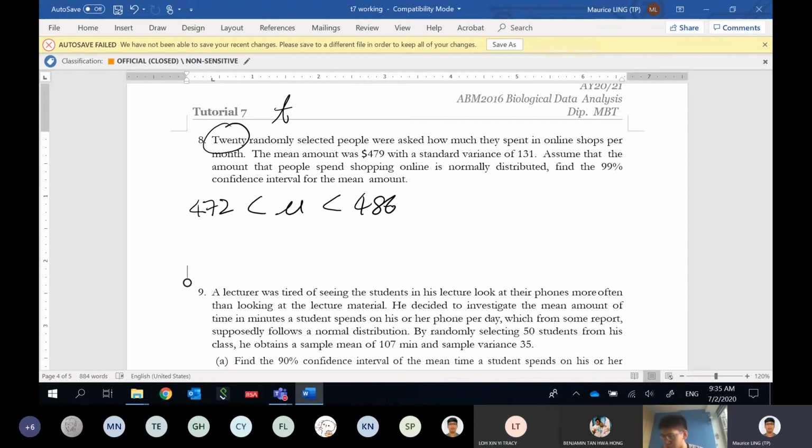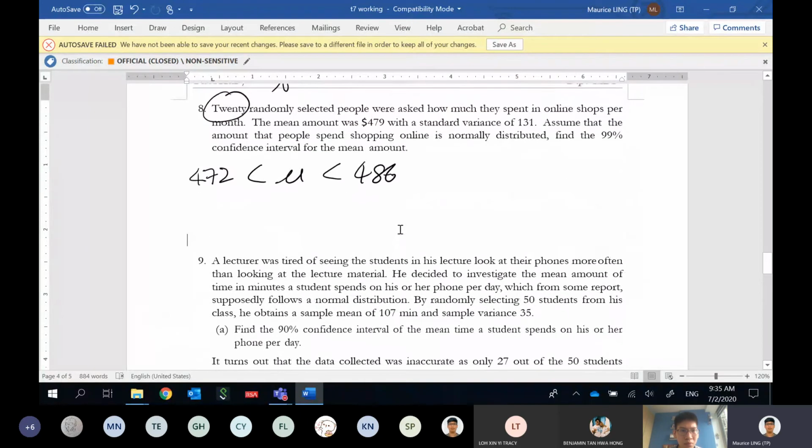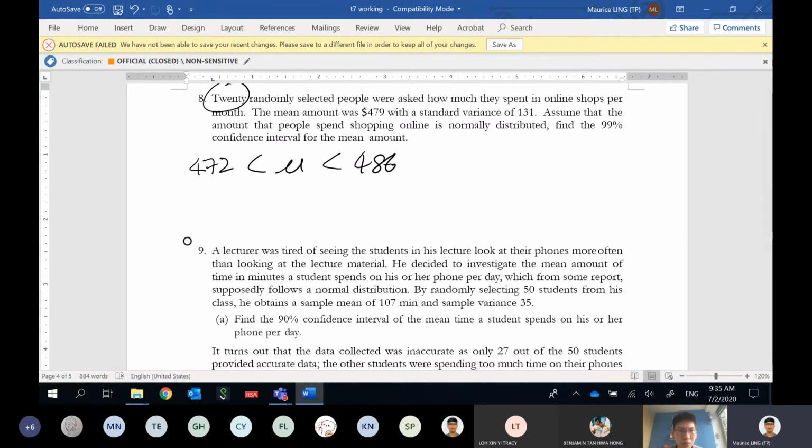So the main part is you have to know how to calculate using the variance and the standard deviation. In here is what you have. You have the mean first, so the mean is 479.